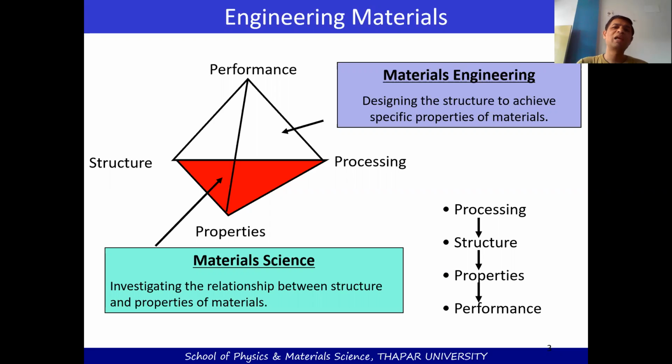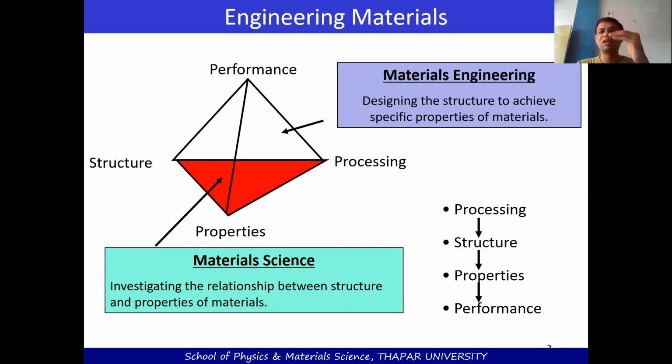Another one is, let's say you have a manufacturing plant. So you have a couple of machines in your plant with which you can process a material. Means your processing conditions are now well defined. So once the processing conditions are well defined, you know what kind of structures you can produce in your plant.